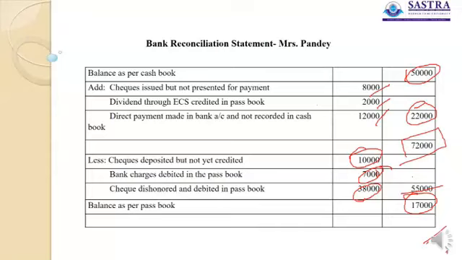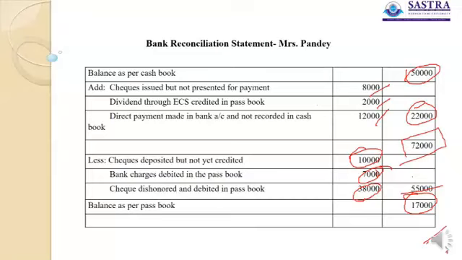Till such time, it keeps the cash balance lower and the bank balance higher. And the checks deposited but not yet credited might be entered as the receipt. And bank charges debited in the passbook might not have been entered in the cash book bank column.